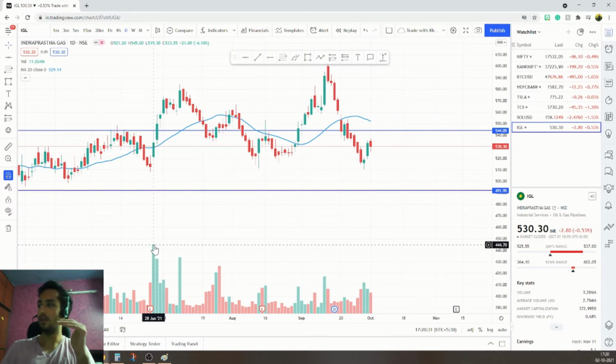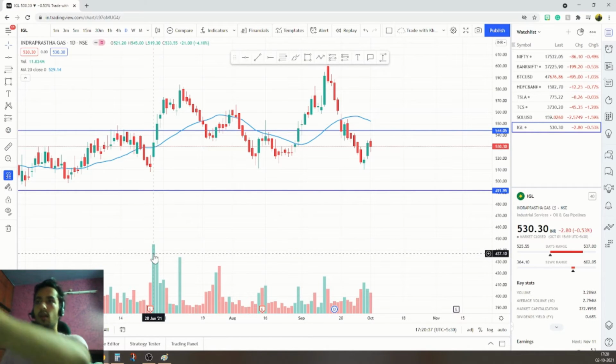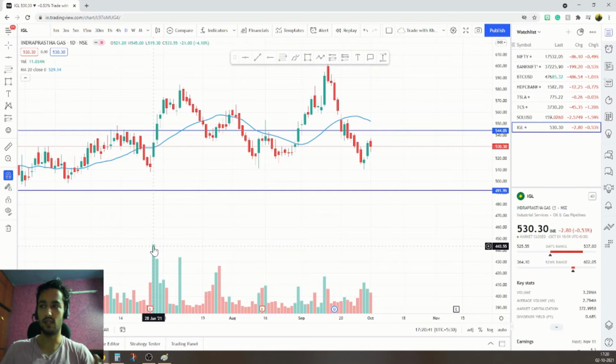This figure of 11.3 million shows that these many transactions happened, and in these transactions the price kept rising. The green color is for that. So 11.3 million transactions were there on this day. That means that all the selling pressure was absorbed by the buyers, by the bulls, right?